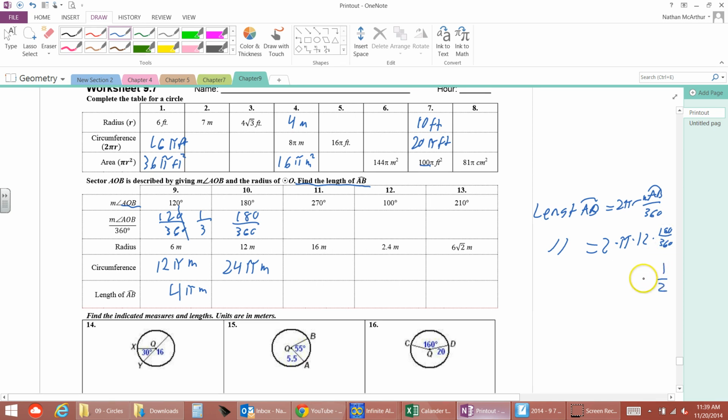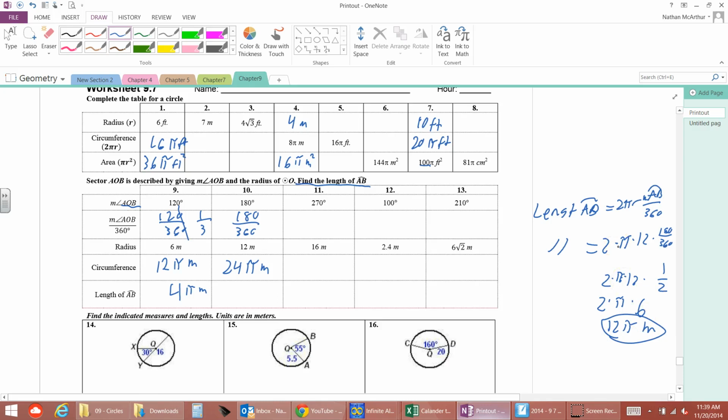And then I do 1/2 times 12 times 2. And then there's a pi in there too, right? Pi. So what's 1/2 times 12? Well, it's 6 times pi times 2. 2 times 6 is 12, 12 pi. And now I put in my units of meters, and there's my final answer, 12 pi.